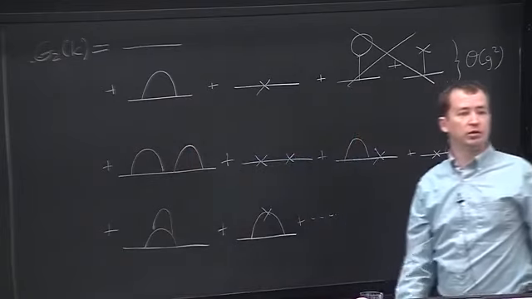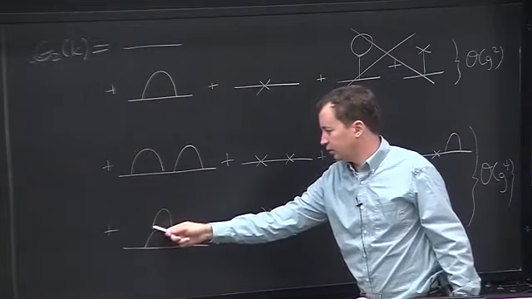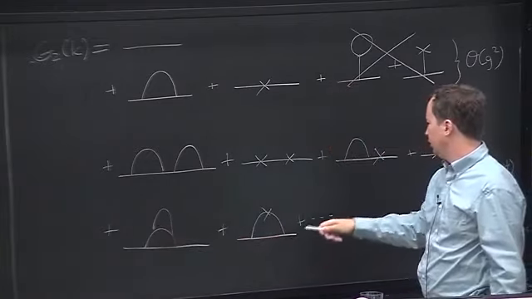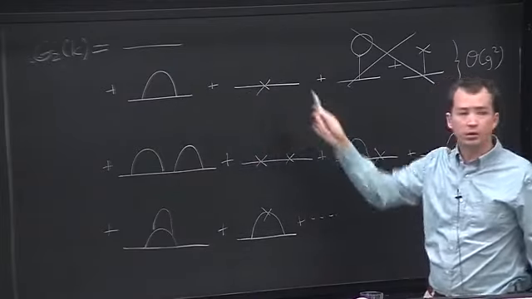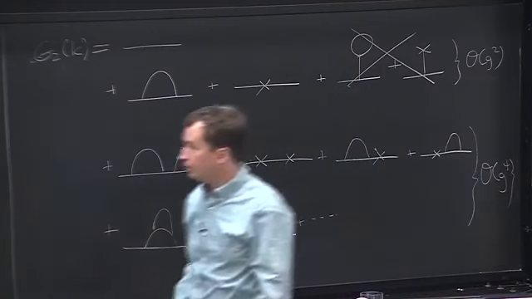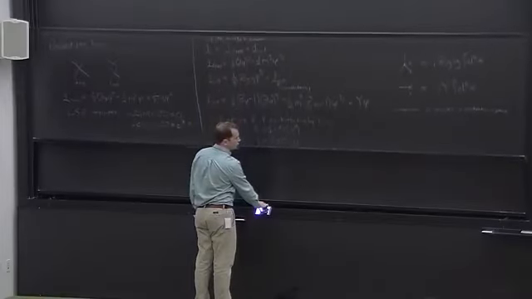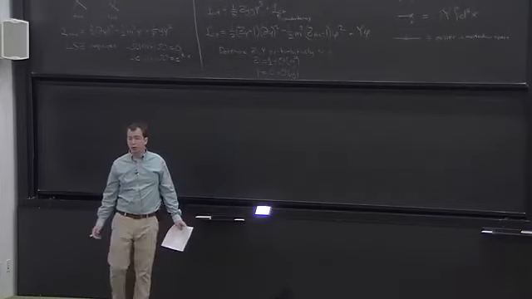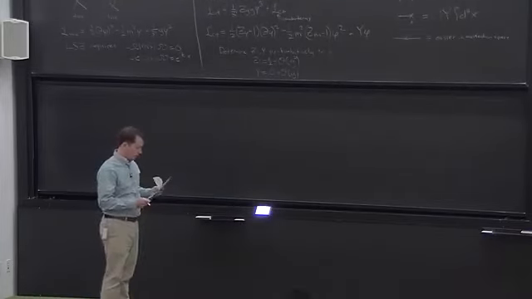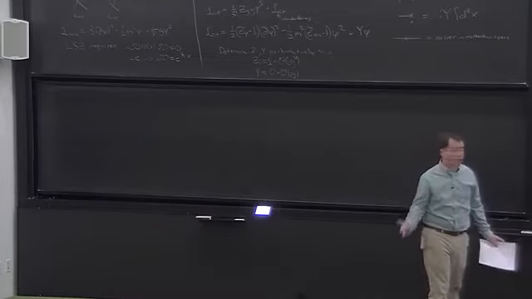We just paste together multiple copies. So these are really the new and interesting diagrams that show up at this order. And in a sense, these ones are uninteresting because they're just copies of lower order diagrams put together. And that observation suggests that perhaps there is a simpler way or a better way to organize perturbation theory.